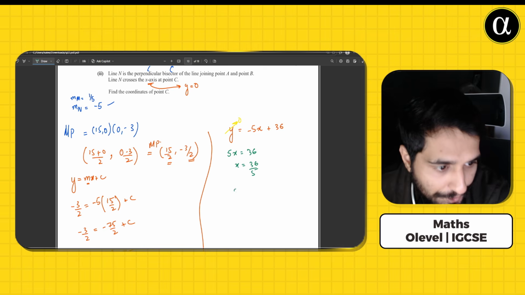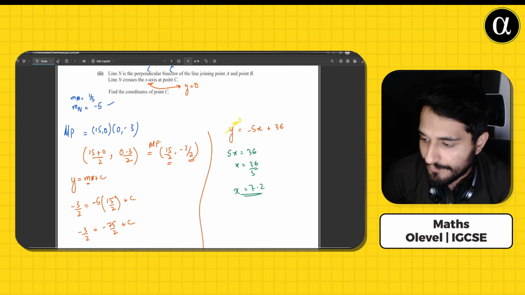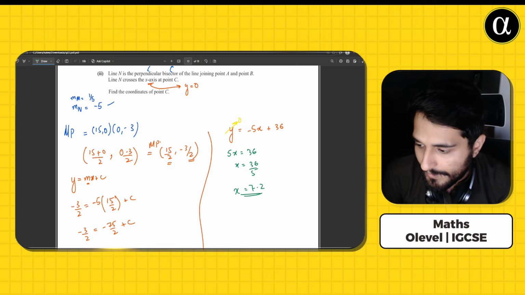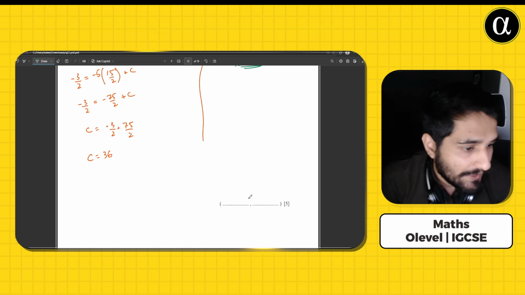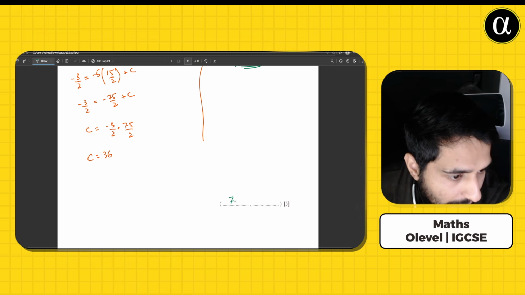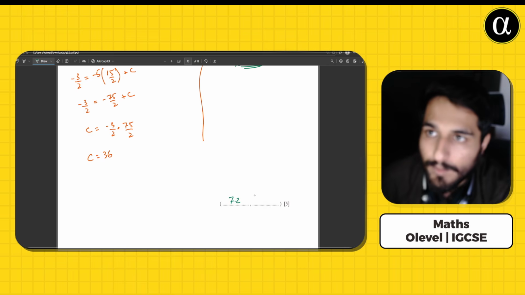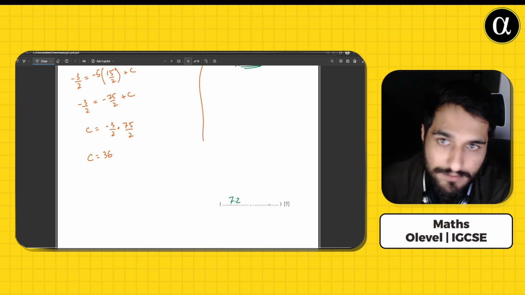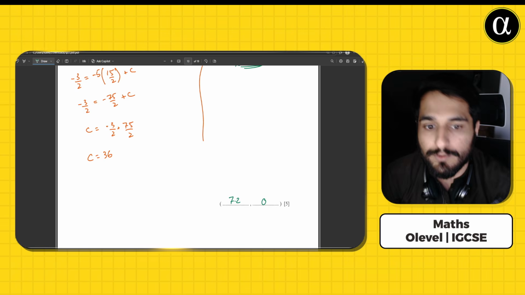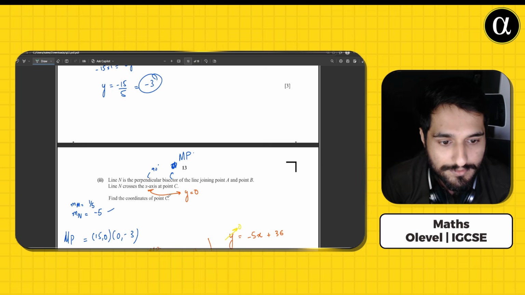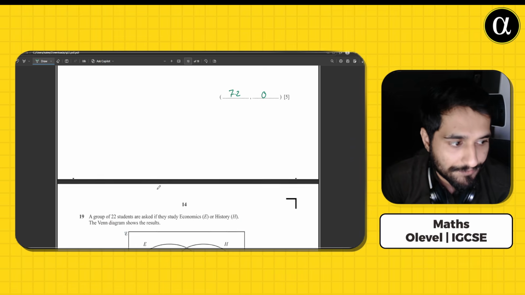That would be 7.2. So we can say that the answer for this case is 7.2. As we discussed, we found the x value, and y we already plugged in as 0. So this value is going to be 0 for this case, because it was intersecting at the x-axis.